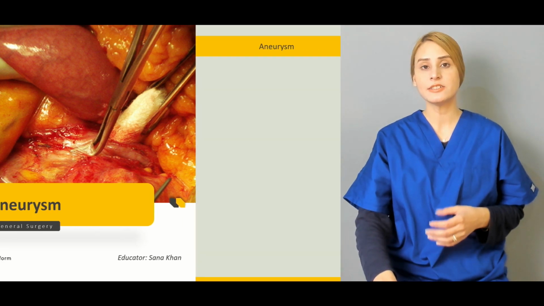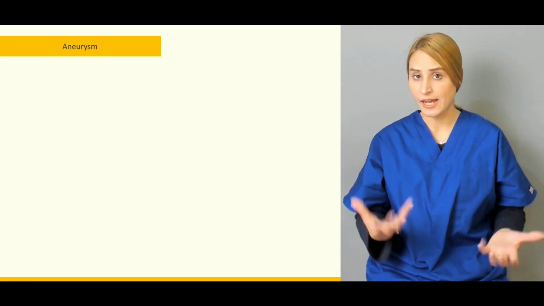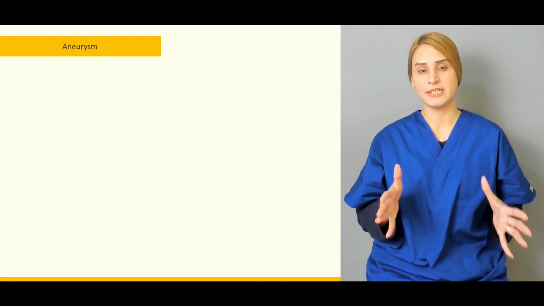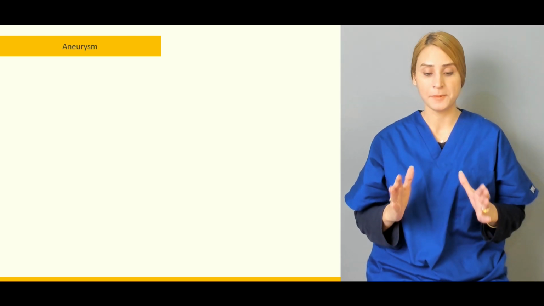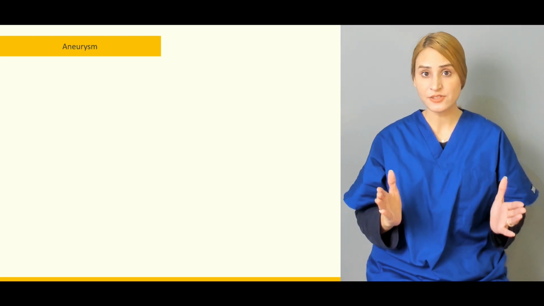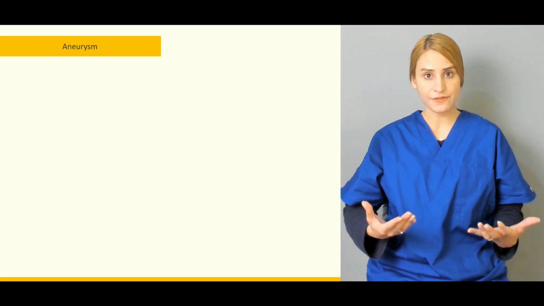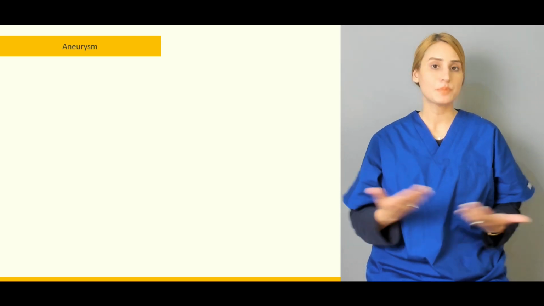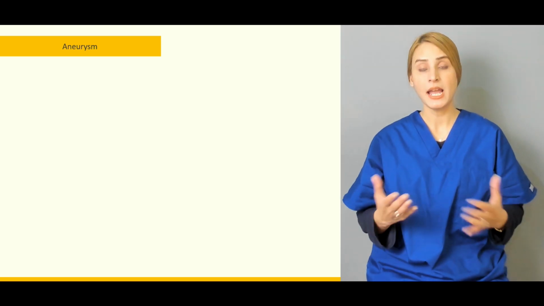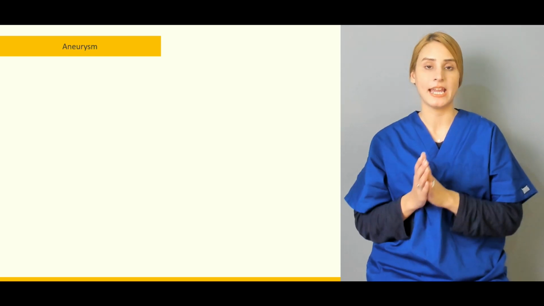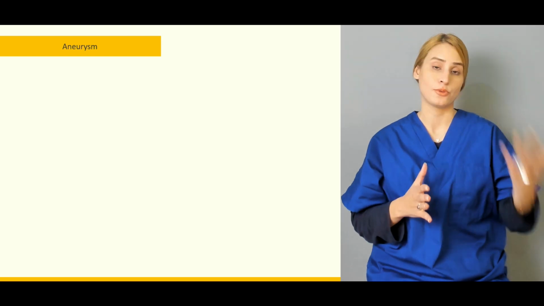If we talk about how to define the aneurysm, always keep in mind that the localized dilatation of the arterial system is called an aneurysm. But you have to differentiate between ectasia and the aneurysm.